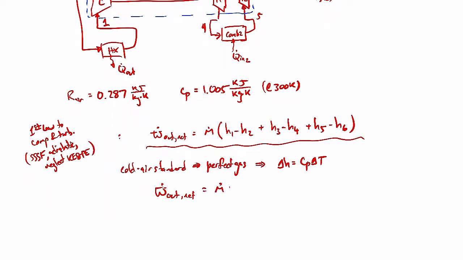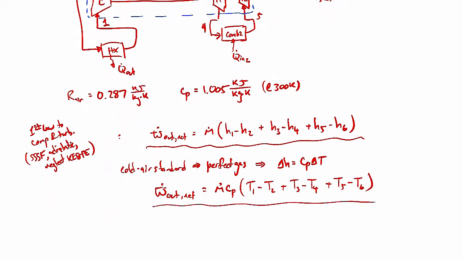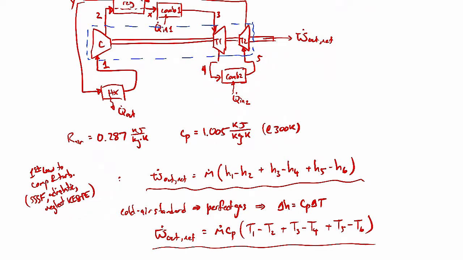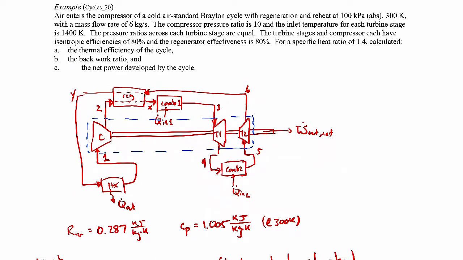So this will be m dot Cp (T1 minus T2 plus T3 minus T4 plus T5 minus T6). So really I don't need to find specific enthalpies, but instead I'll just find the temperatures. All right, so I'll need to find all those temperatures to find the net power out.